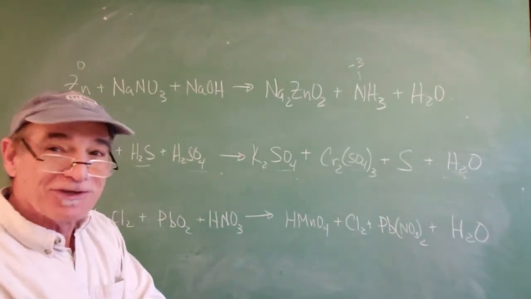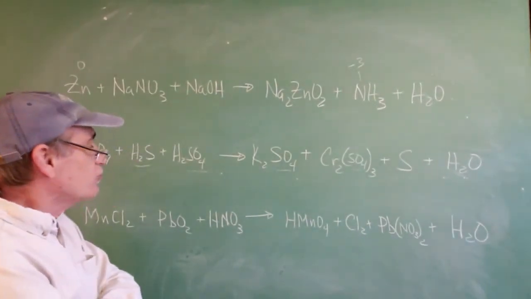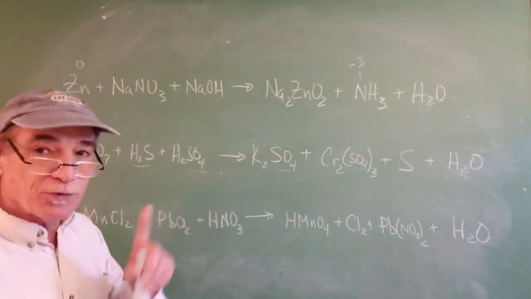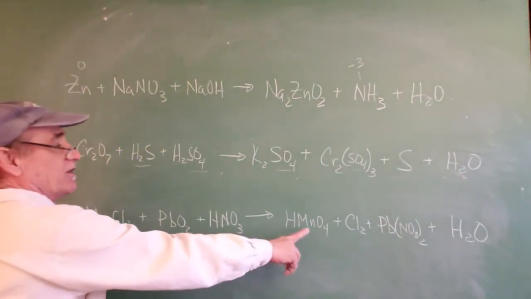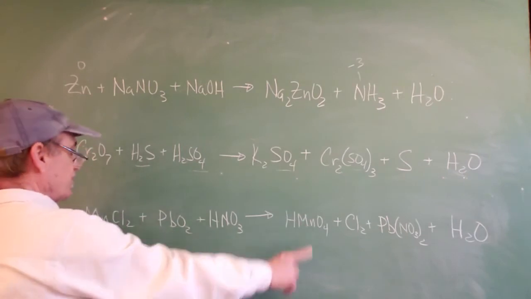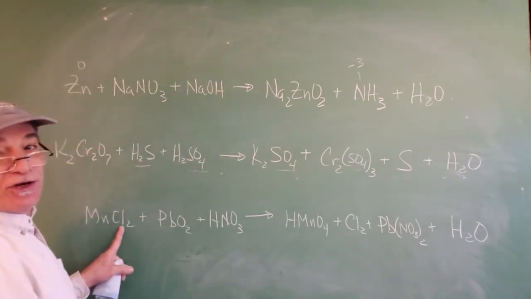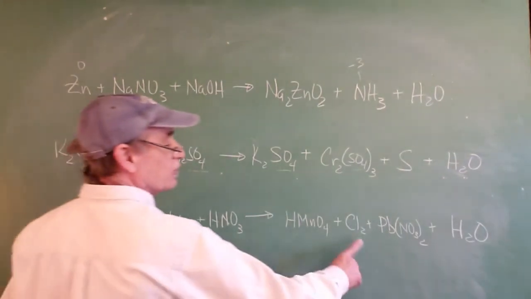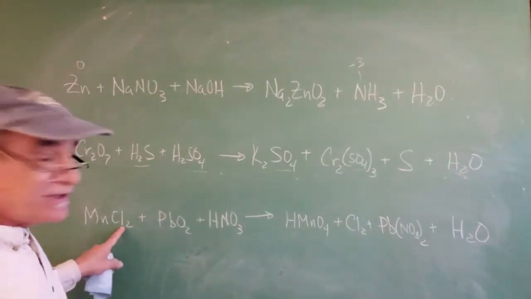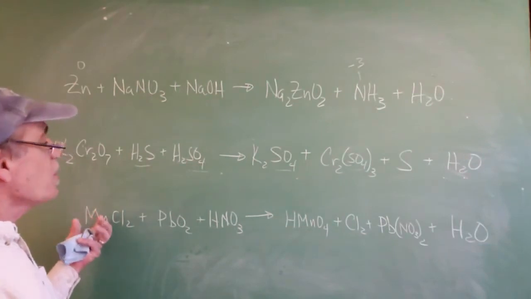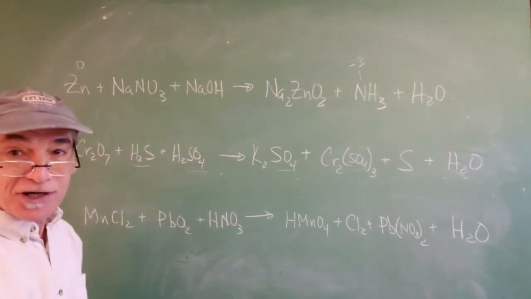Now, the last one, I really like this one because there's actually 2 oxidations going on with 1 reduction. Because the manganese turns out to have changed and has become oxidized, but the chlorides that are here with the manganese become these chlorines on this side. They likewise get oxidized. But at least they're tied together, so there's one bulk loss of electrons.